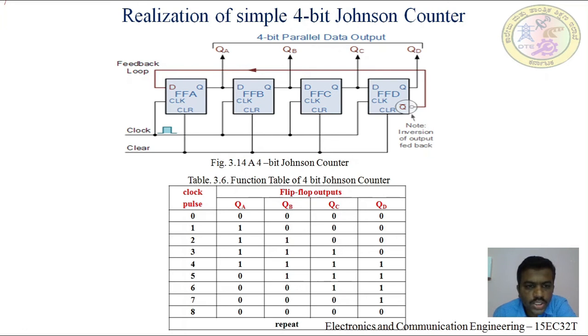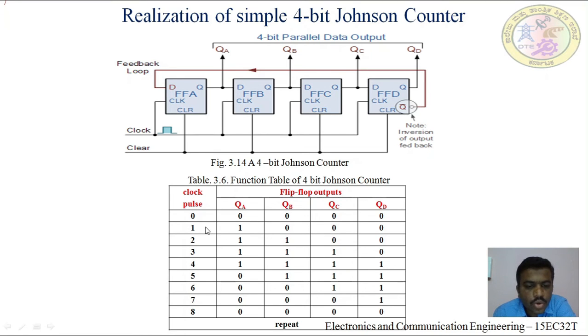In order to understand the operation of the 4-bit Johnson counter, initially all the flip-flops are cleared so that the outputs QA, QB, QC and QD are all reset to binary 0. Here we observe that the output QD is reset to 0. The inverted output of the last flip-flop, that is QD bar, is binary 1. This value is connected to the input of the first flip-flop before applying the first clock pulse.